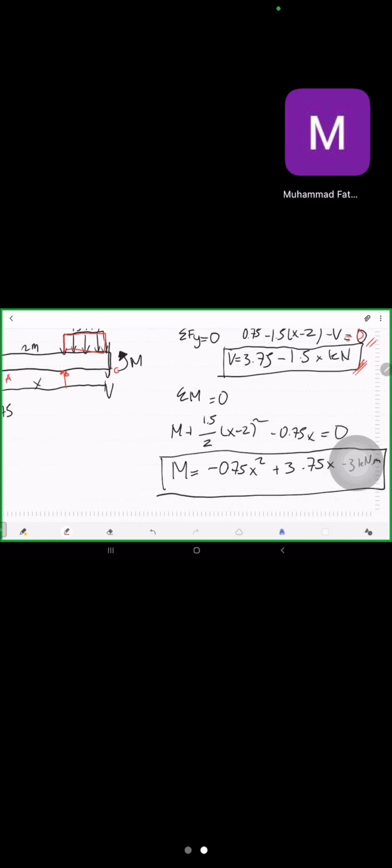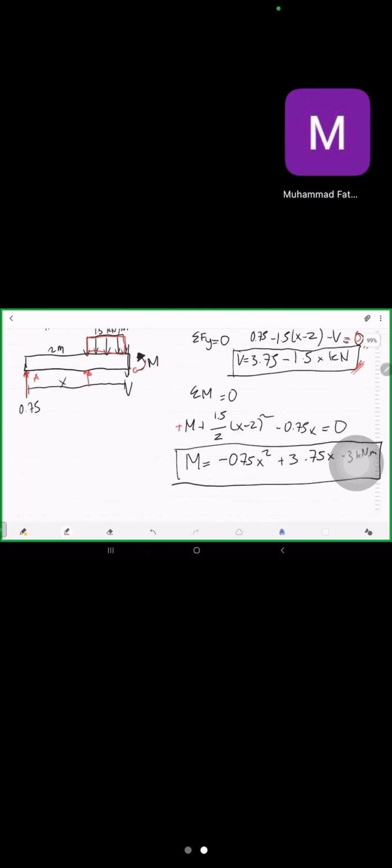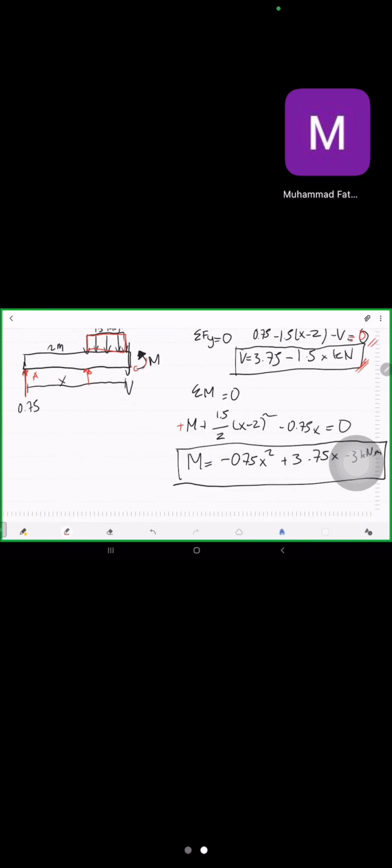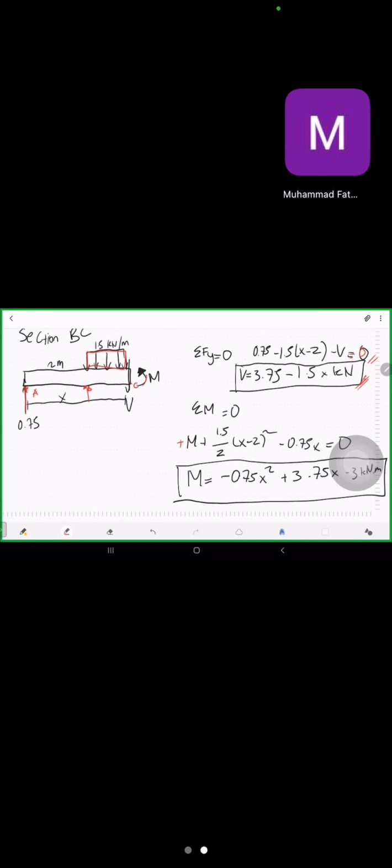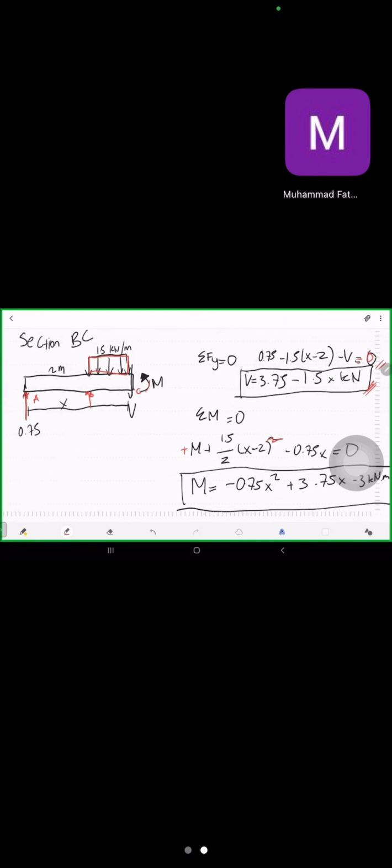Now let's move on to determining the moment, where we can say this is an object in equilibrium. That's why all of the rotations are equal to zero. So the sum of moments is equal to zero, and we have the positive moment M on point C in the positive direction, so we notate it as positive. And also we have 1.5 over 2 multiplied by x minus 2 squared, which is the moment from the resultant of the uniform force acting on BC.